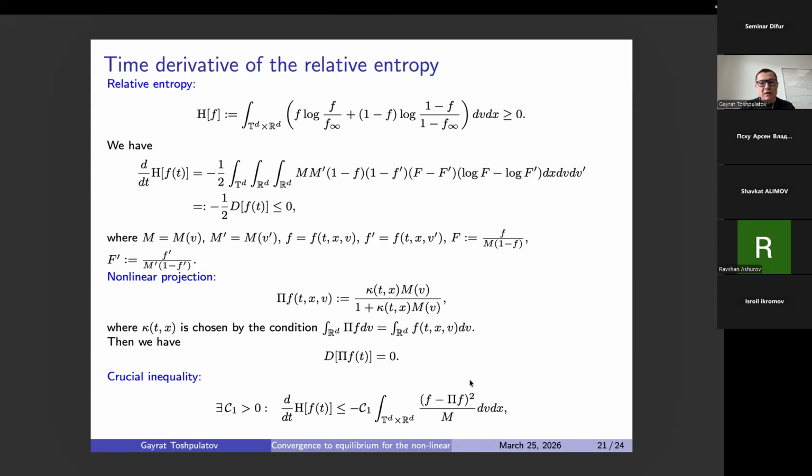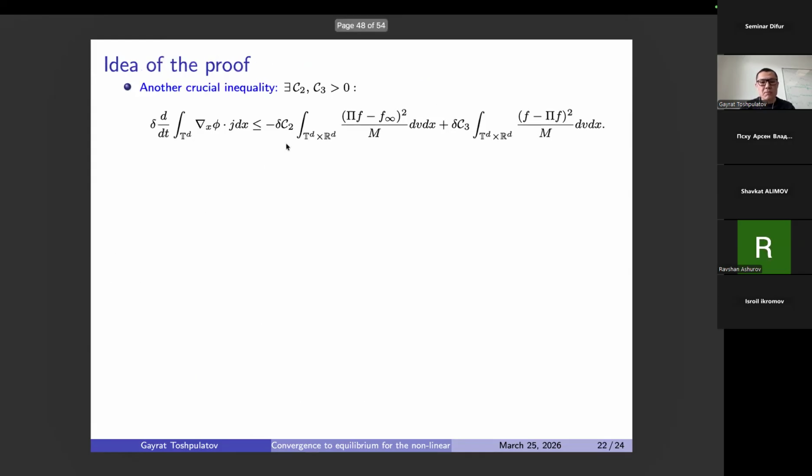We can estimate this part on the left-hand side by this integral including the projection, because D is 0 when we put the projection. So instead of f, we put Pf, then it's 0. Using this, we can estimate the time derivative of h, and it's very crucial.